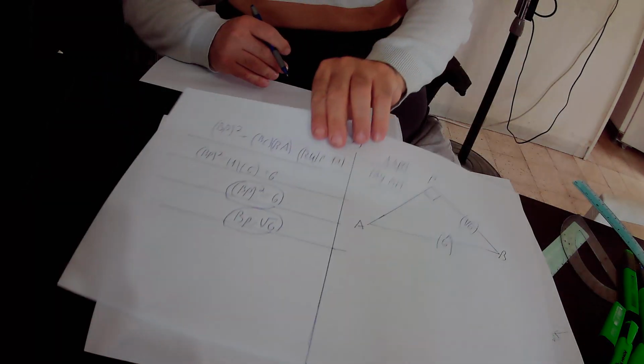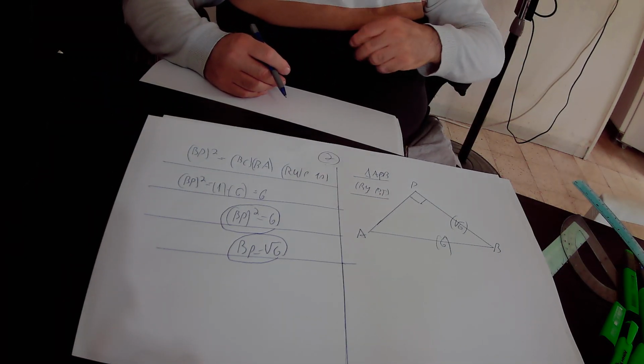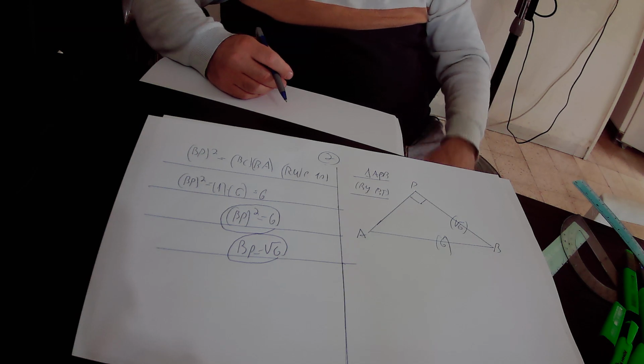So actually, this is the right triangle APB, the correction of the original drawing.